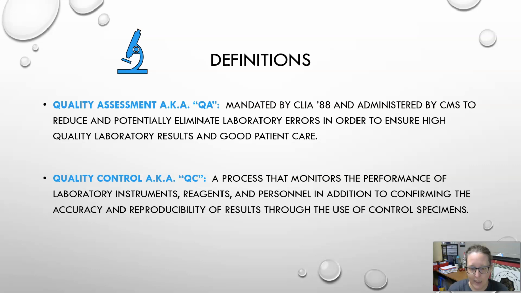If the machine, the reagents, and the personnel are all operating properly, the instruments are doing well, the reagents aren't expired, and the personnel running the machine know what they're doing, then we should get the expected results from the control specimens, and that checks that the lab results we are turning out are accurate and reproducible.